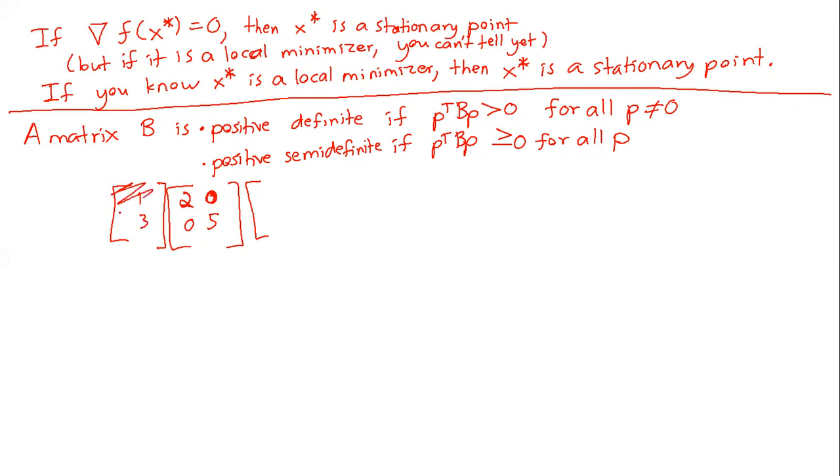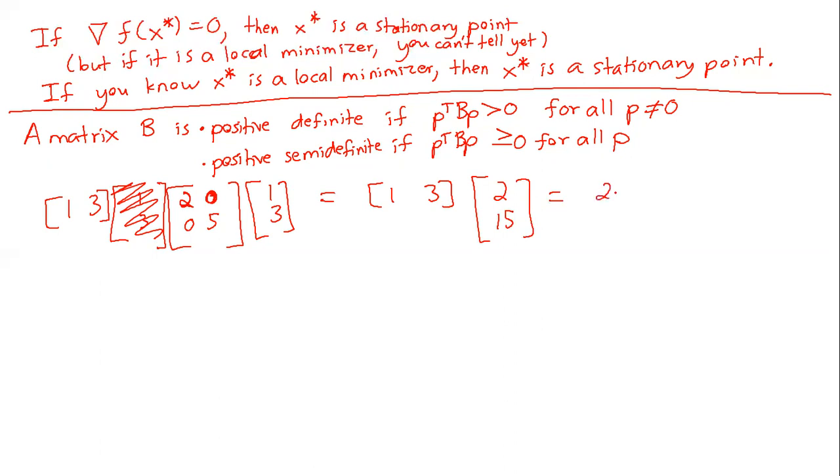I need to do the transpose. So here we have 1, 3 on both sides. Now we multiply these together and see whether the result is positive or not. You can do the multiplications here, and it will give you 2 plus 45. So this is equal to 47, which is greater than 0.